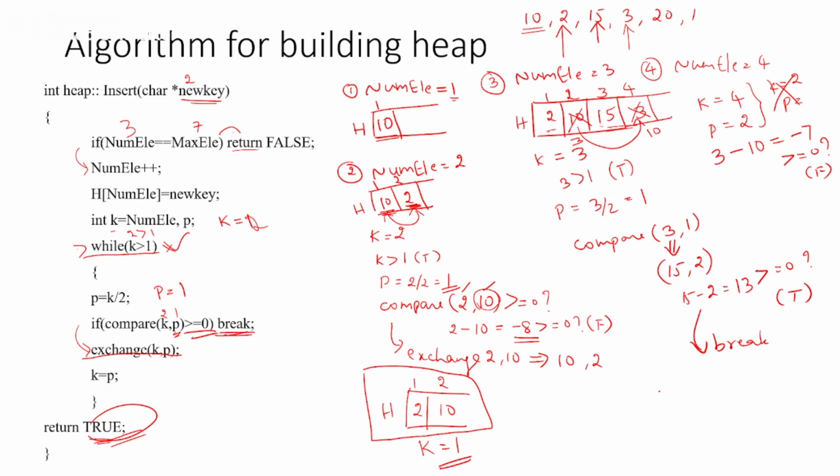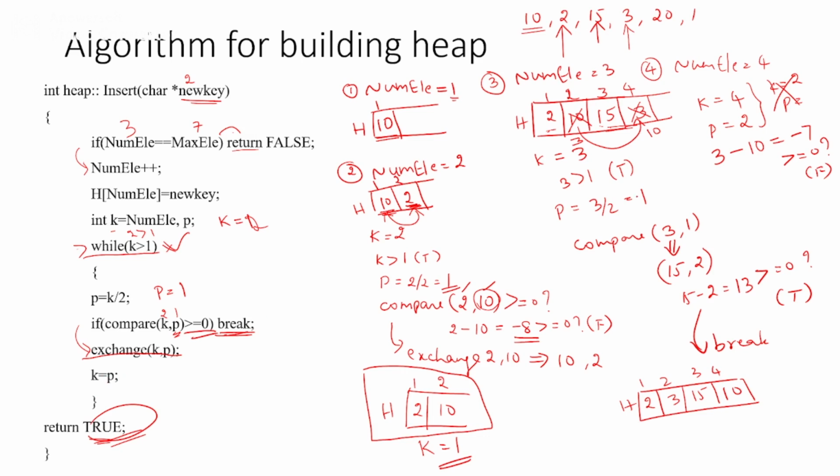So your heap will now be, instead of 10 we write 3, then 15 and 10. This is your heap.